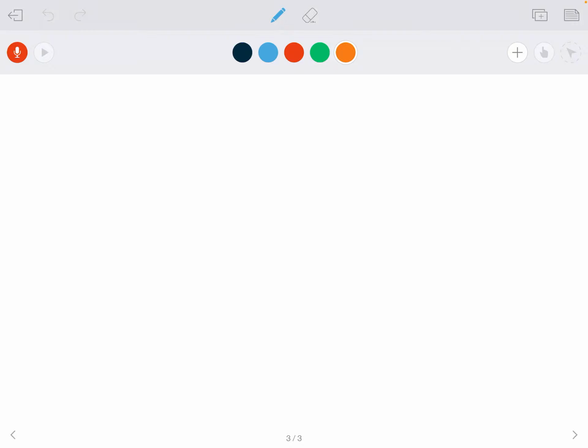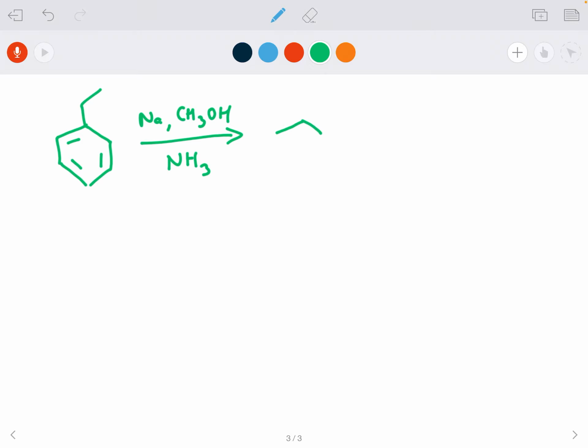Now, if you have substituents on the benzene ring, that's going to determine the regioselectivity of the compound. So if I have a compound with an electron donating group, so say an ethyl group, right? Alkyl groups are electron donating. They can donate some electron density into the ring. If I react this with the same reactants, right, methanol, sodium, and ammonia, my regioselectivity will be this.